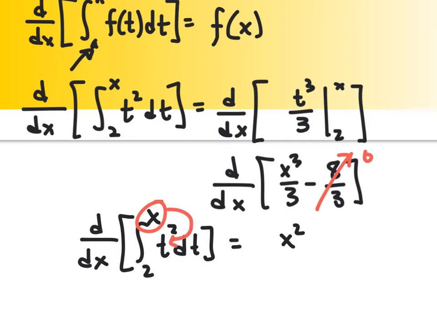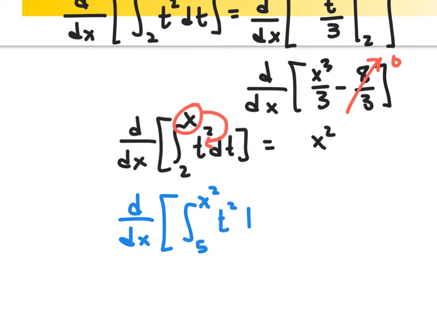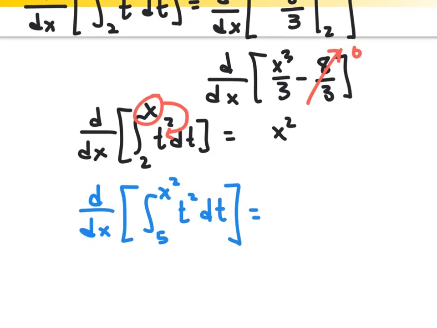Now there's one thing you need to be careful for. If we have a chain rule possibility here, if I have an integral from 5 to, let's say, x squared of, I don't know, t squared dt, then not only are we going to have x squared plugged into that t squared, which would be x to the 4th, but we also have to multiply by the derivative of that thing.